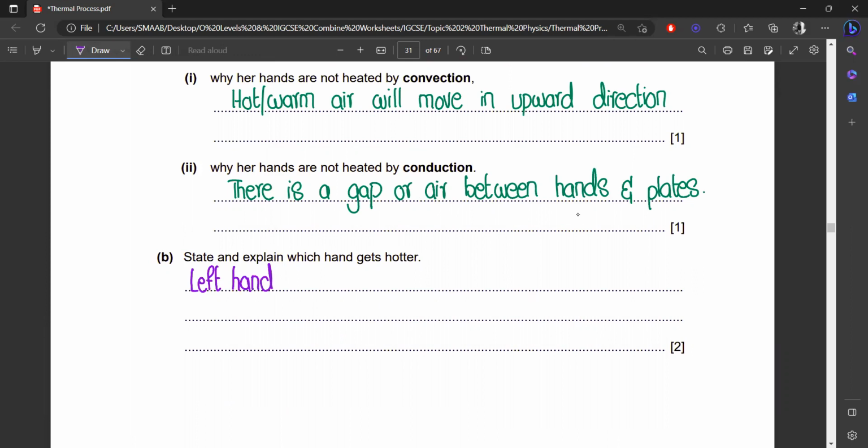So a left hand will get hotter as compared to the right. And the reason is that left hand is facing matte black side.